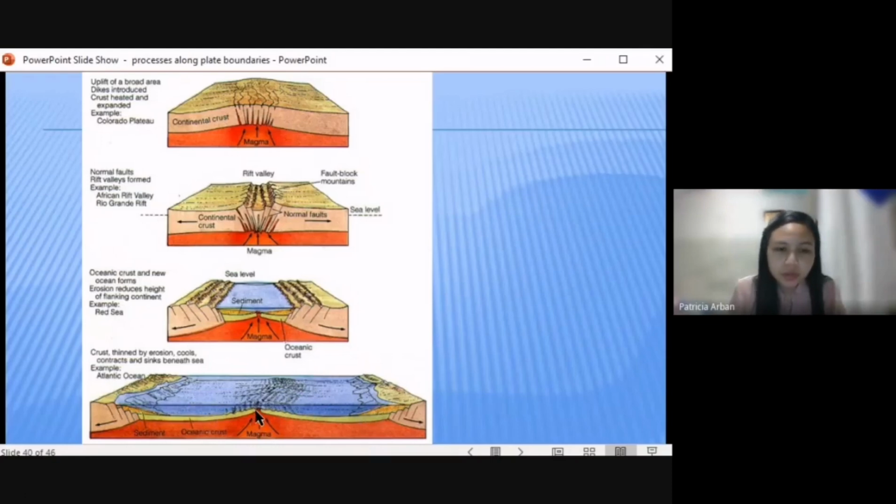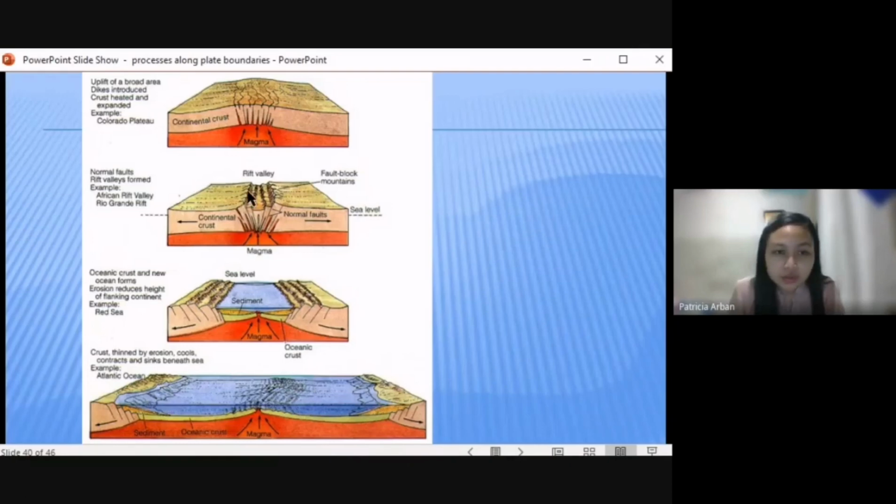Since we have here oceanic crust, yung bagong nag-solidify na magma natin, magiging ocean floor. So, alin ang mas matanda? Yung nandito sa may mid-ocean ridge o yung nandito malapit sa continental crust? Okay, so ang mas matanda ay yung nandito malapit sa continental crust.